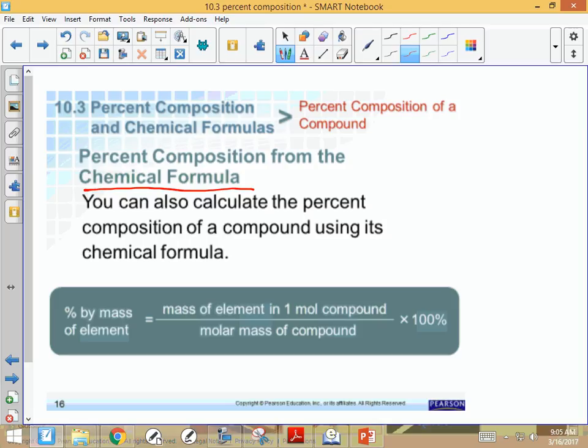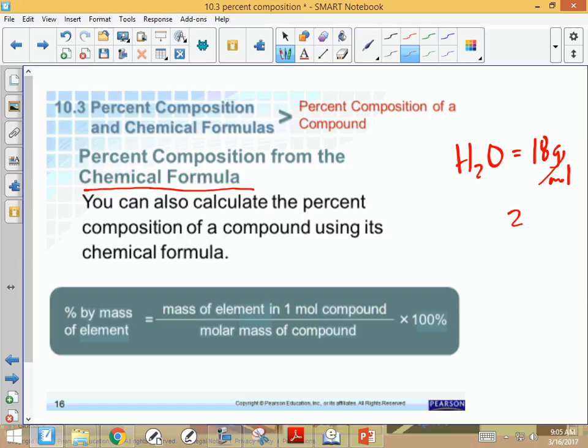When you assume that you have 1 mole of the compound, then you can determine how many grams of that compound you have, and you can determine how many grams of each element you have in that compound based on the formula, correct? So for H2O, for instance, back to my easy example, you know that the molar mass of H2O is 18 grams per mole.